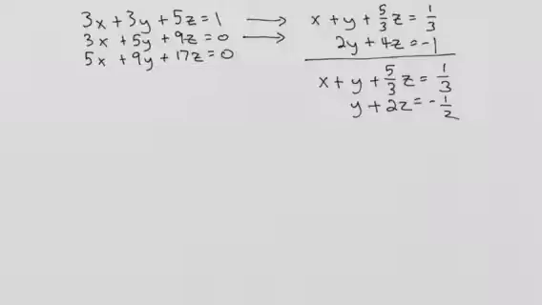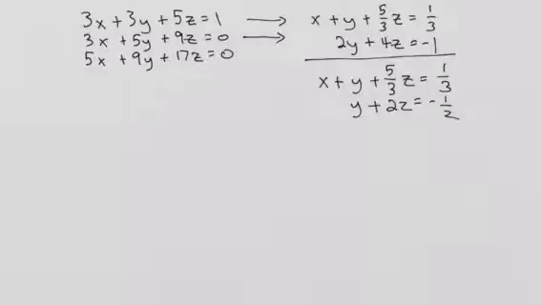Now, I haven't used the third equation yet, which is this one. I always have to make sure to use all the information given to me in the original statement of the problem.